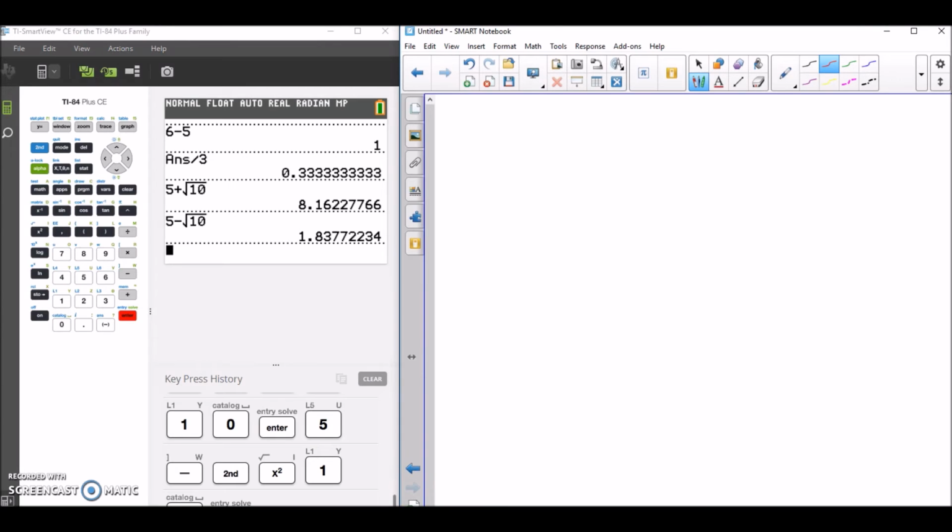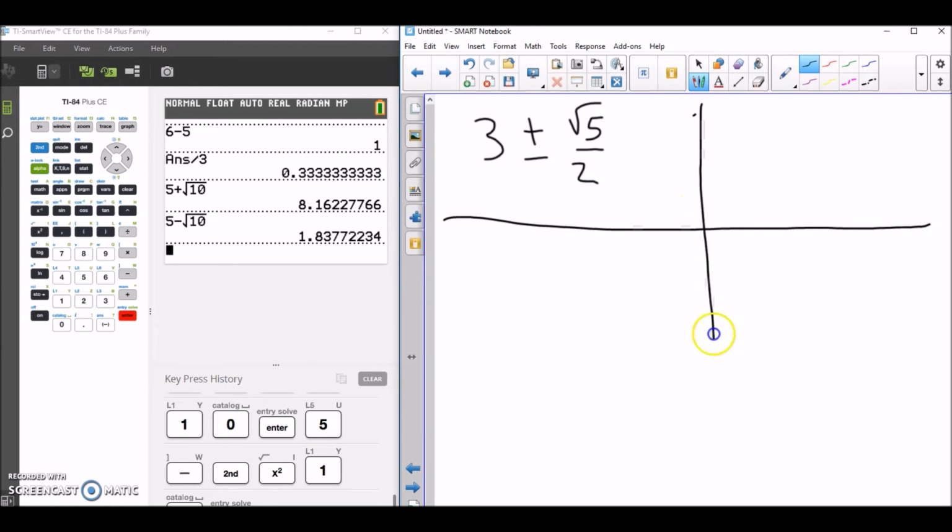Another example. 3 plus or minus square root of 5 over 2. And again, you can leave it as a number plus or minus a fraction, or you could change it to one big fraction.